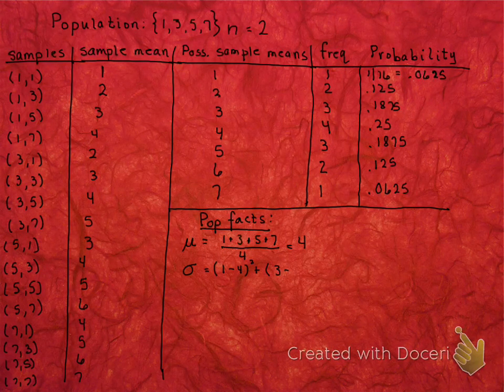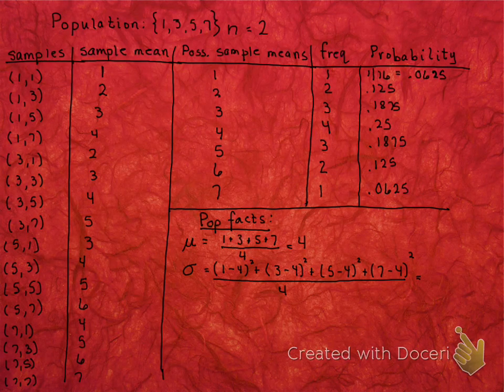So we have 1 in our population, so 1 minus the mean squared, then 3 minus 4 squared, then 5, and then 7. Okay. And all of that is also over the number of numbers you've got within your sets of parentheses. So you've got 4 sets of parentheses up there. So that n value there is a 4.